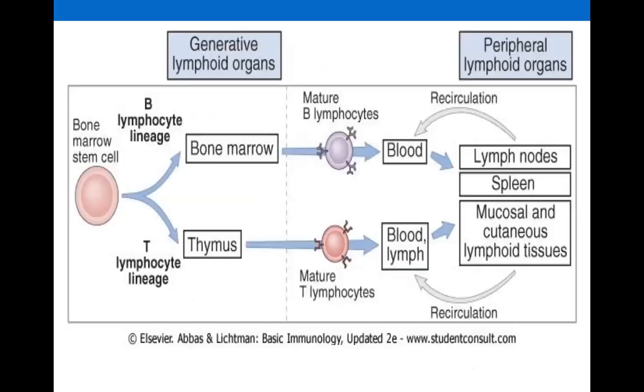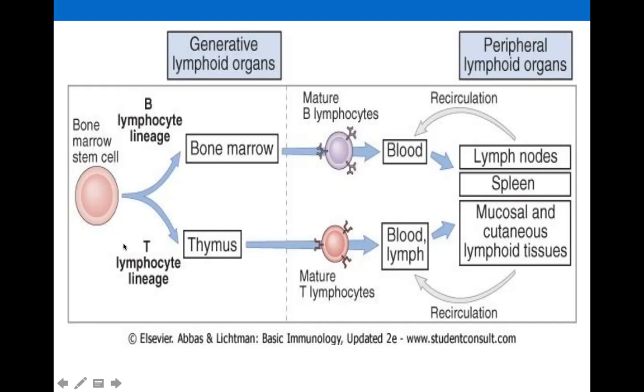Right. This illustration would just differentiate the generative lymphoid organs, which are your bone marrow and thymus, and your peripheral lymphoid organs, your lymph nodes, spleen, and so on. Basically, this is the bone marrow stem cell, and this one will differentiate into two. You have the B lymphocyte and the T lymphocyte.